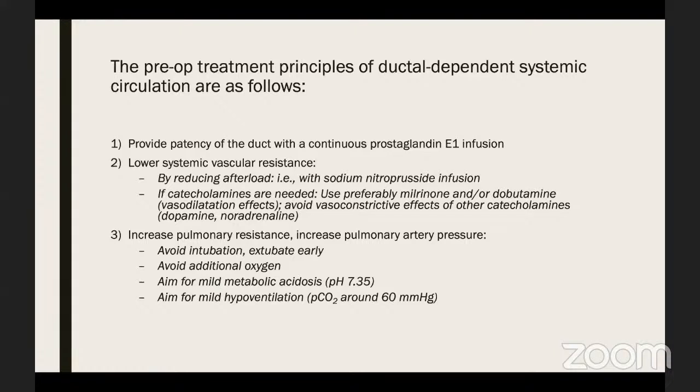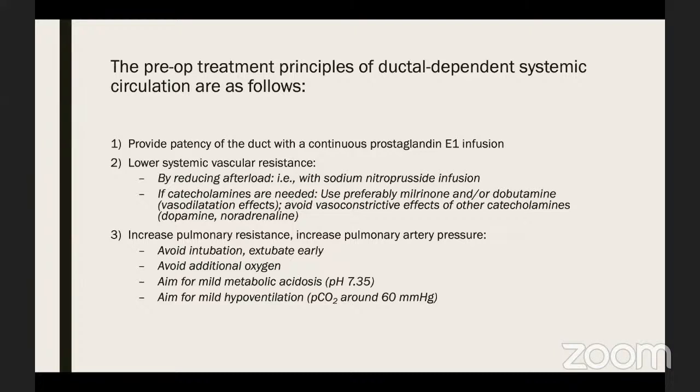The second important principle is to lower the systemic vascular resistance. And the third one is increasing the pulmonary vascular resistance and the pulmonary pressure. And this will lead to increased blood flow to the systemic circulation. And how can we lower the systemic vascular resistance? We can by reducing the afterload, like with sodium nitroprusside infusion.